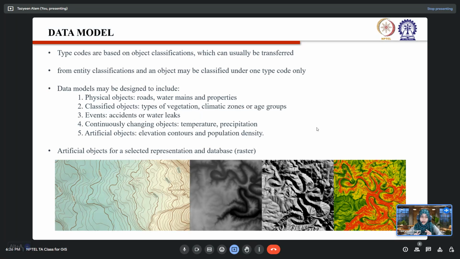So what is happening in a physical object? We are talking about something that is tangible, that means it is physically present in the real world. But in classified objects, we are defining the type of vegetation. It may or may not be tangible. Vegetation typology can be tangible, but climatic zones are not tangible.